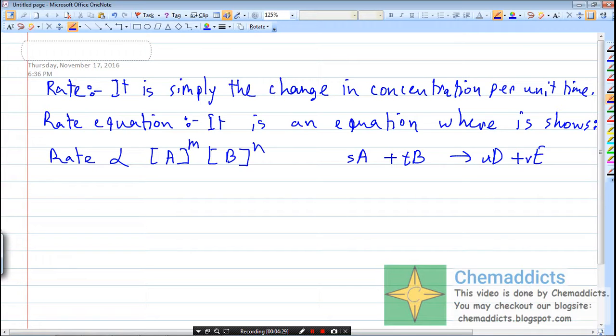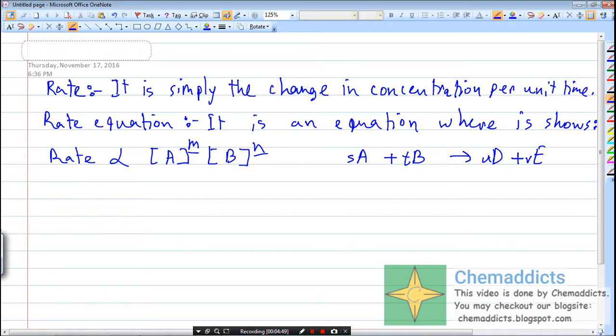So this rate equation tells us that the rate is directly proportional to the product of the concentrations of A and B, which are raised to appropriate powers m and n.